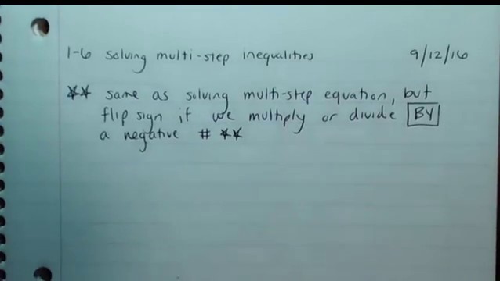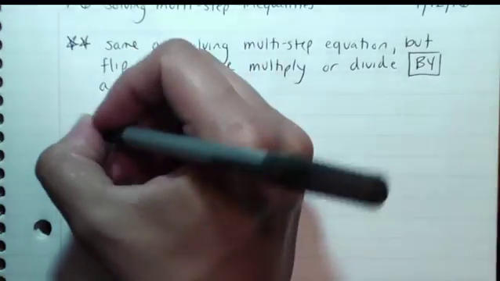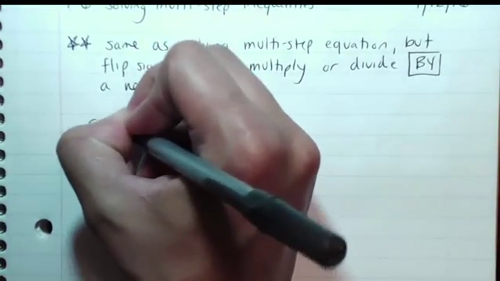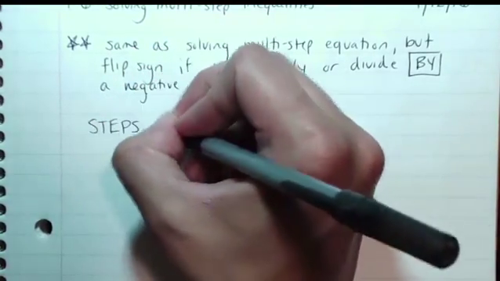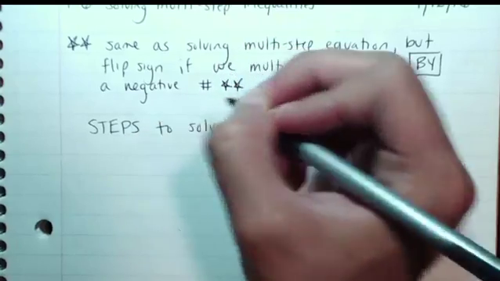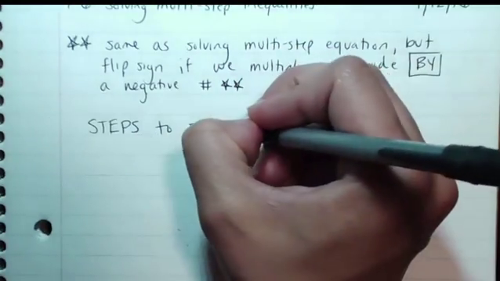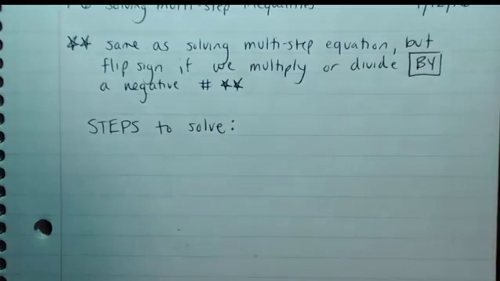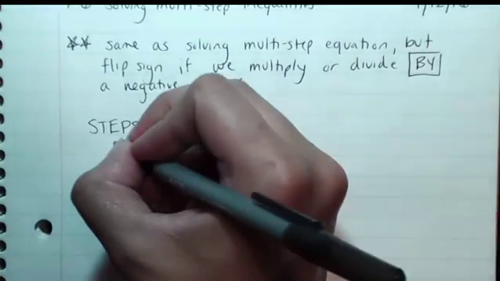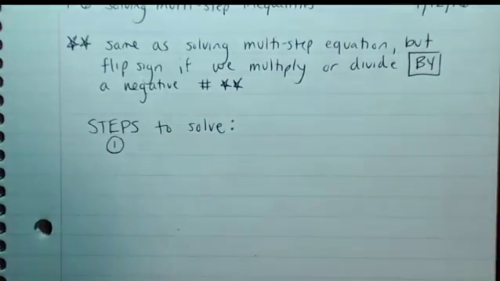Just to refresh our memory about the steps. Steps to solve any multi-step equation or inequality. First thing we need to look for is if there's parentheses, what do we need to do to simplify the parentheses?